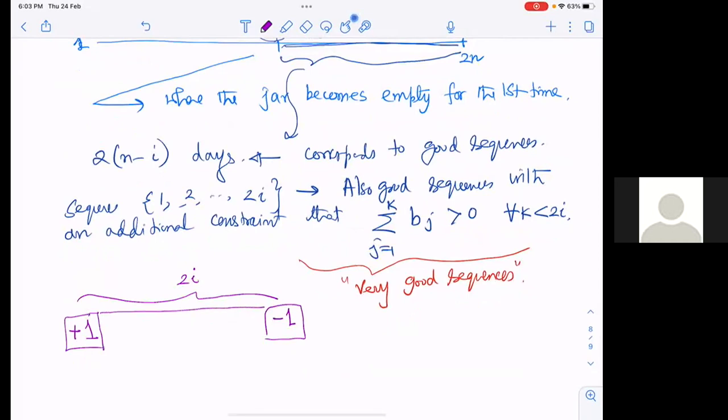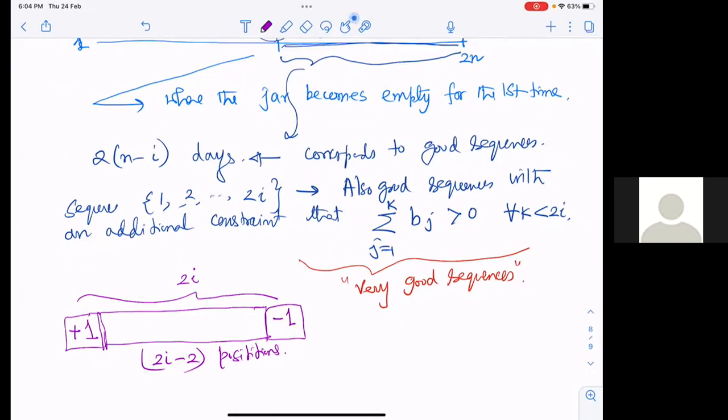So the first position is fixed to be +1, and the final position is fixed to be -1. And the remaining things, this is 2i minus 2 positions. What can you say about these sequences? It's a good sequence, but is it a very good sequence?